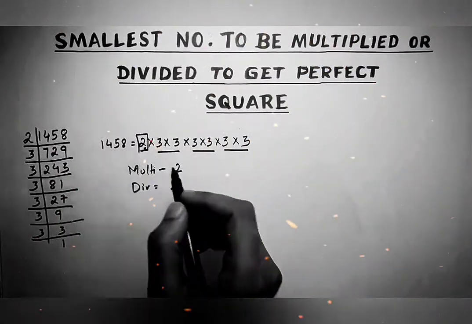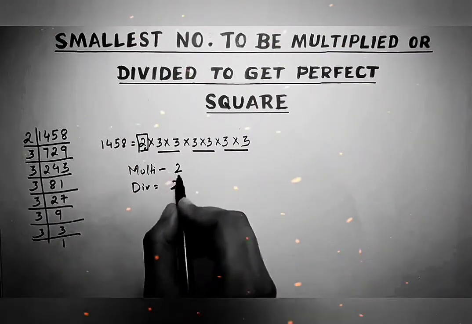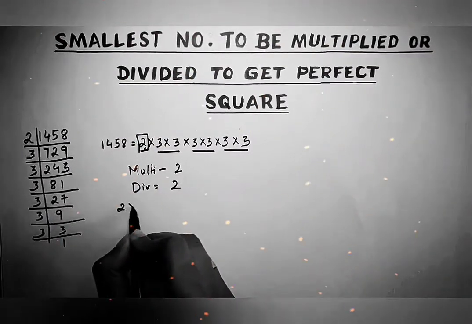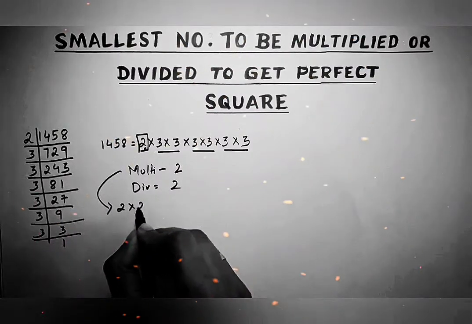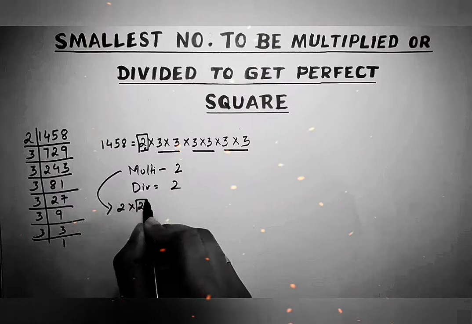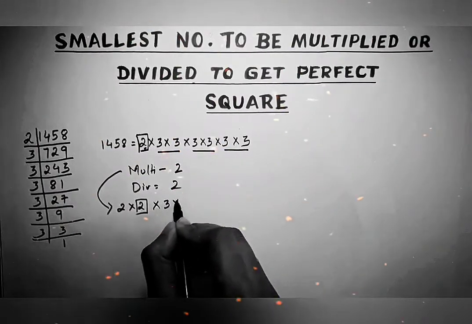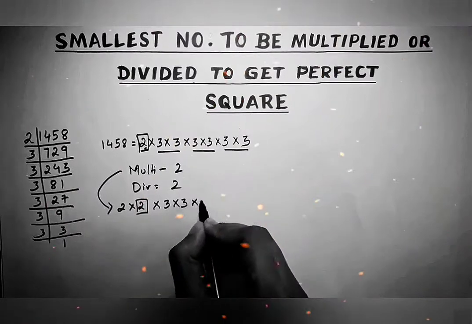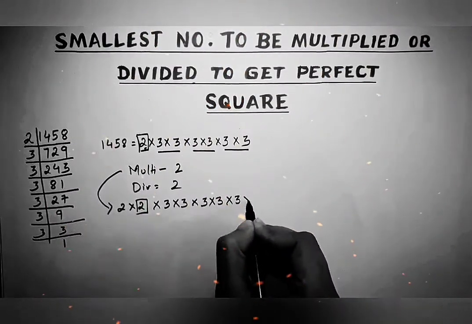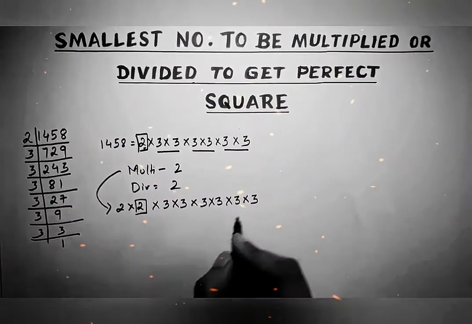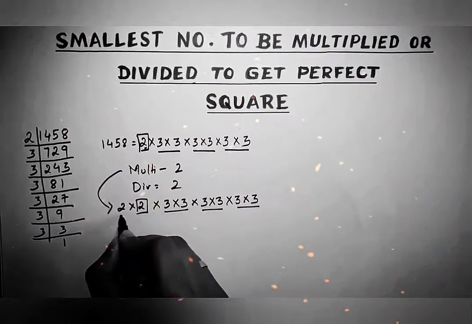If we multiply it by 2, we have to multiply both sides, right? We also have to balance this. So in case of multiplication, multiplying by 2, we can write like this. This was the number by which we have multiplied. Now we are going to copy all the numbers. Clear? If you see, now we can easily make pairs of all, right?